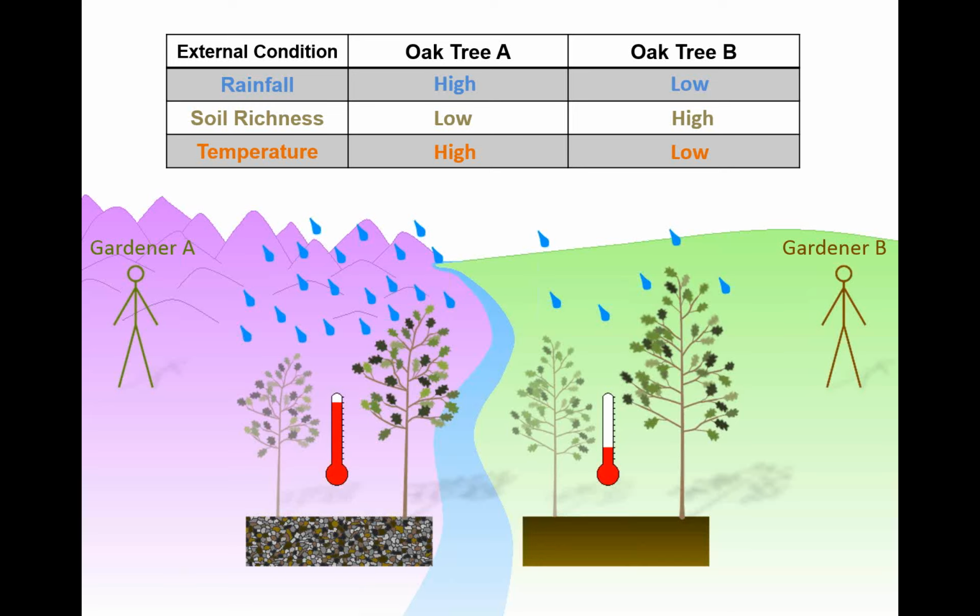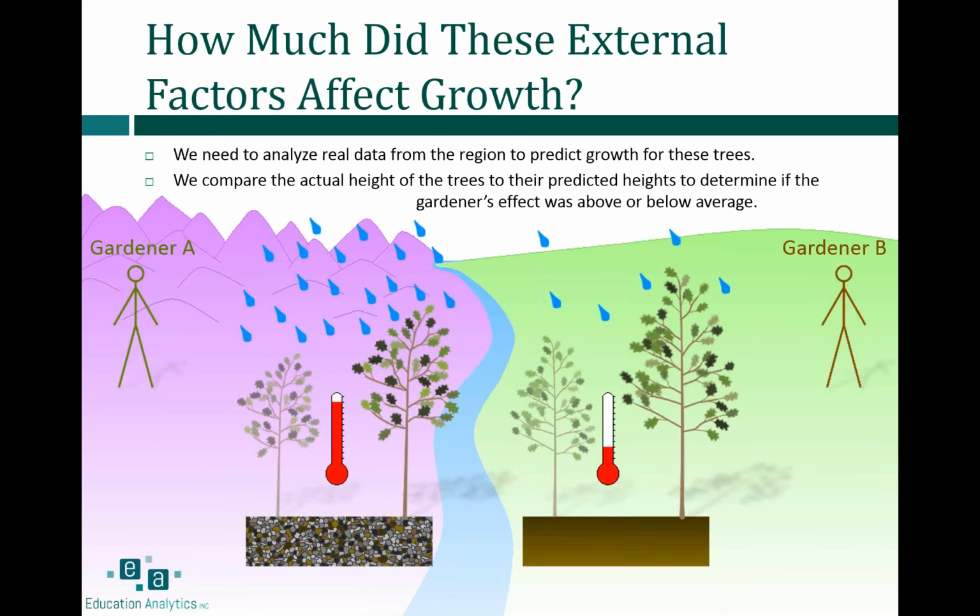We want to think about how much that might have affected the growth of these trees so we can isolate what it is that the gardeners are doing. What we're going to do to accomplish that is analyze real data from the region to predict growth for these trees. We're going to compare the actual height of oak tree A and oak tree B to those predicted heights to determine if the gardener's effect was above or below average.